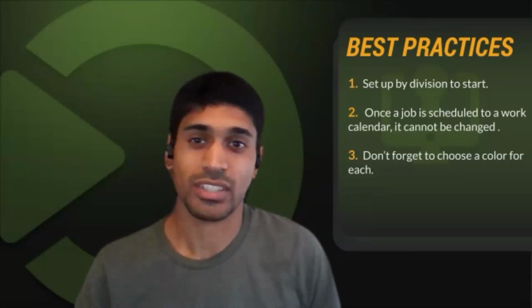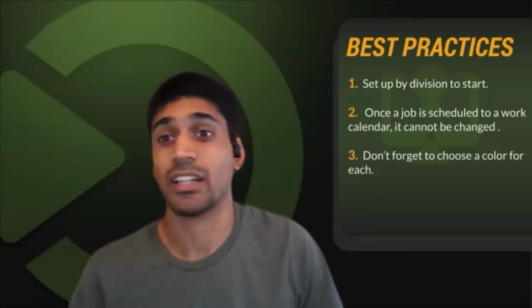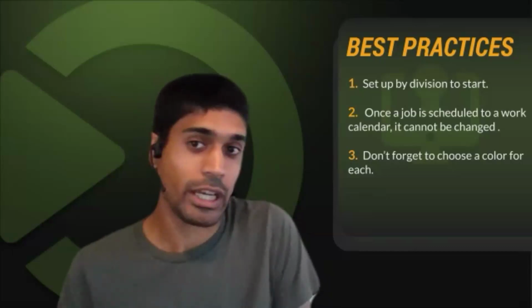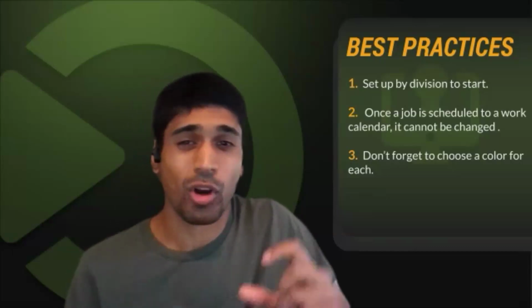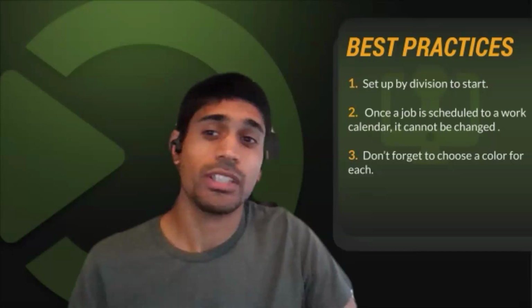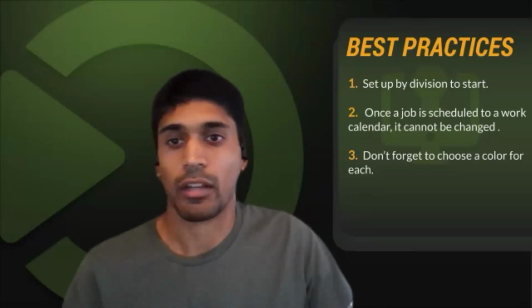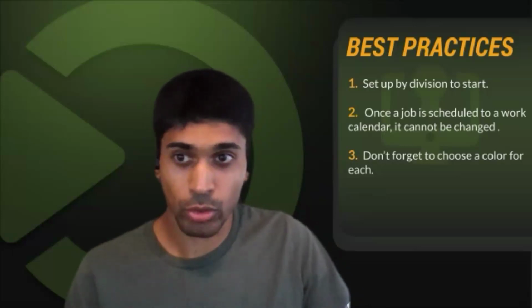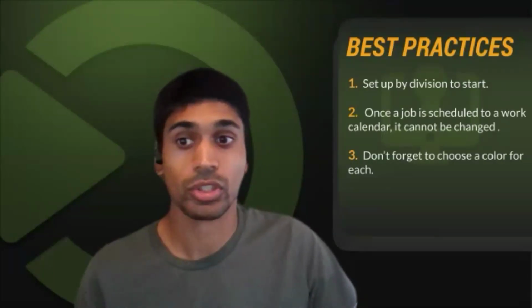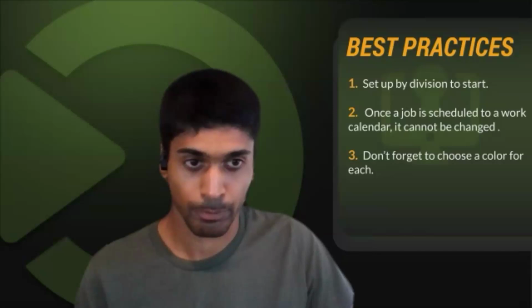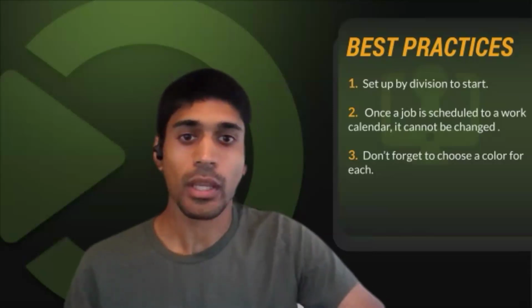So what this means is if by chance you assign a design build job or one-time job onto those recurring work calendars by accident, you can't automatically flip it. You do need to delete it from where it was first, and then you'll be able to reschedule it accordingly. And finally, choose that unique color code. Makes things nice and easier, especially as you're using the calendar view to show all of your different types of work.